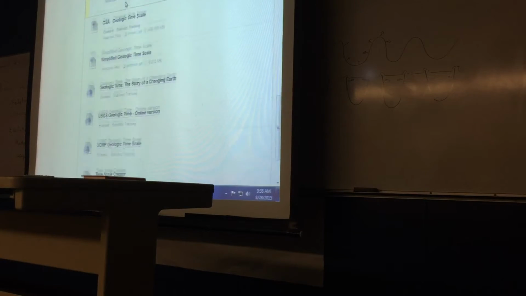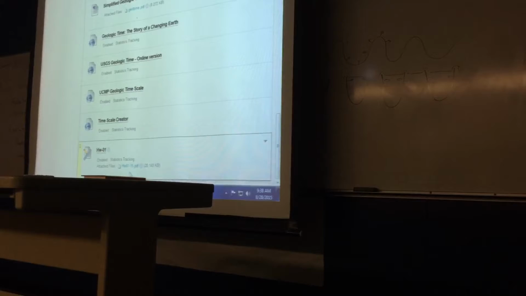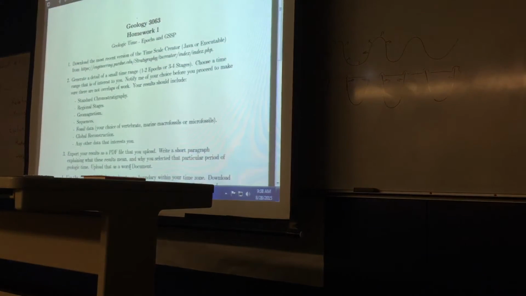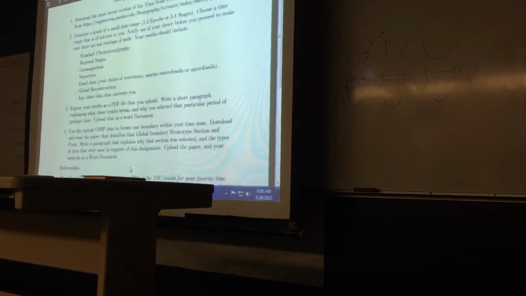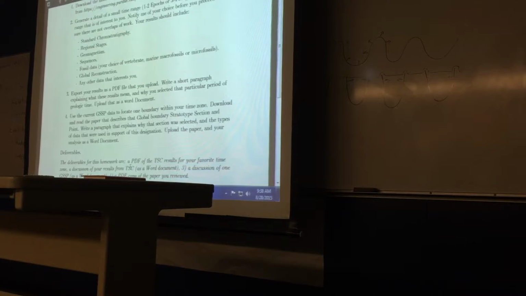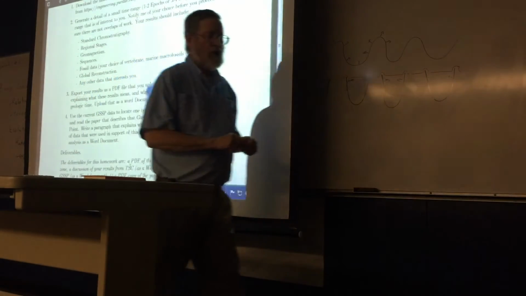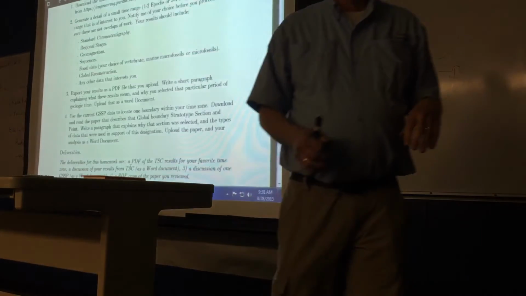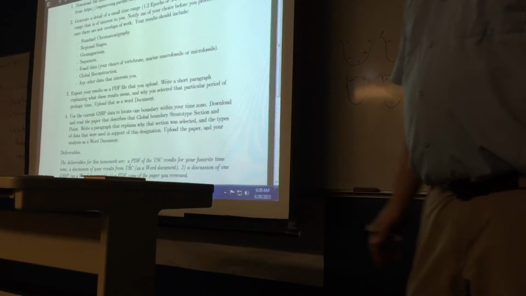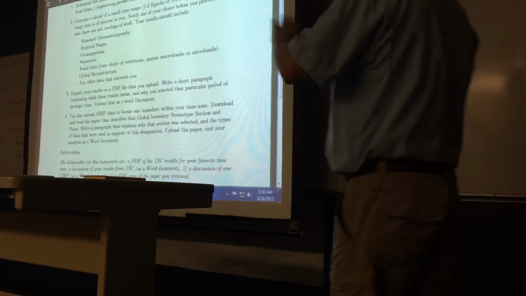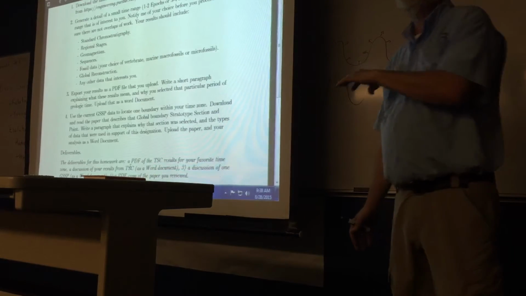Let's take a look at this assignment. Number one, we want to download for your personal computer the most recent version of a program called Timescale Creator. It's a wonderful little program, works on Mac, works on Linux, works on Windows.